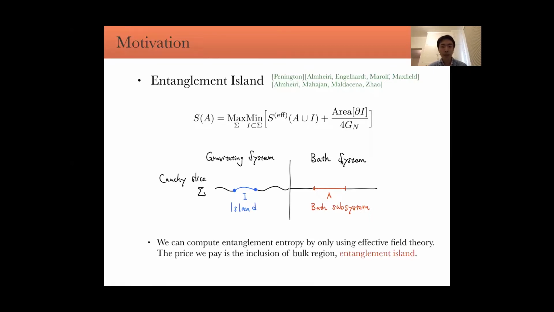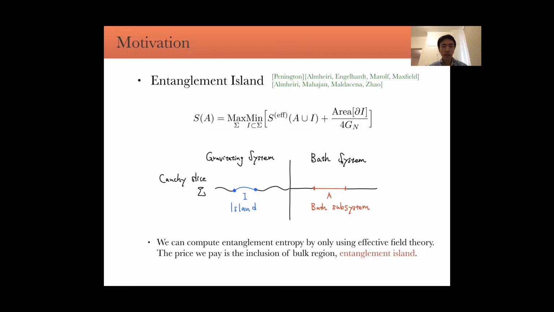The entanglement entropy of a subregion A in the bath system can be computed by introducing a codimension 1 region I in the gravitational system, which is called the entanglement island.